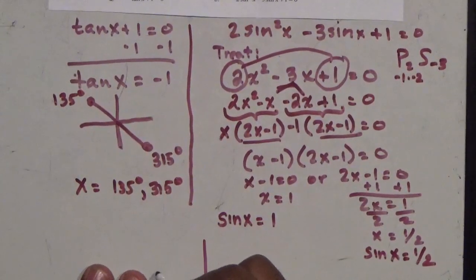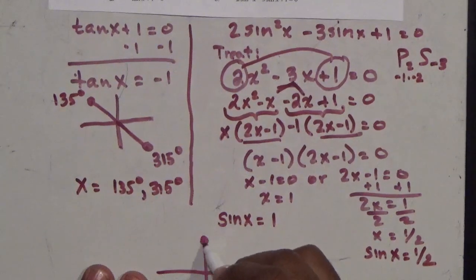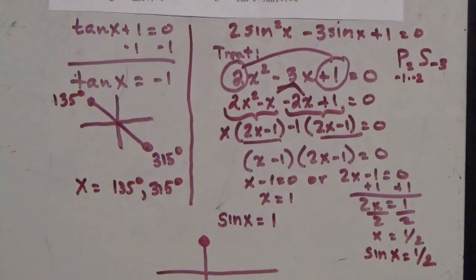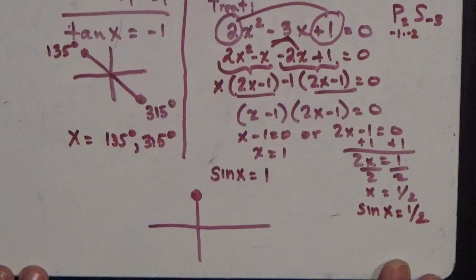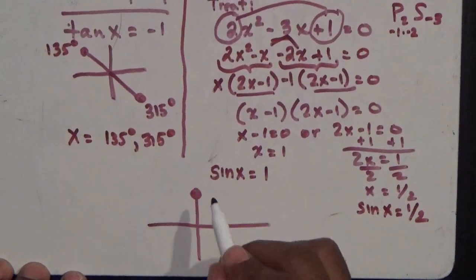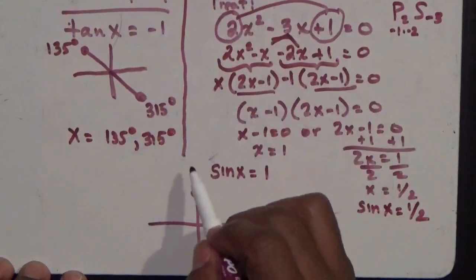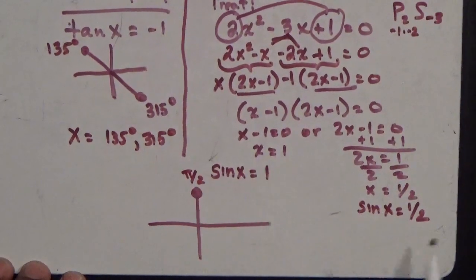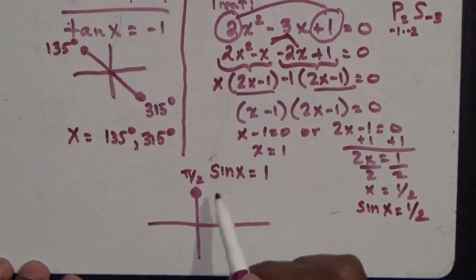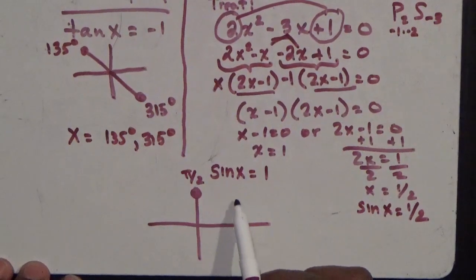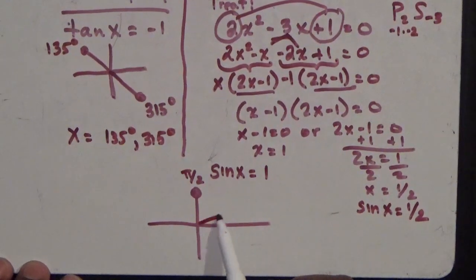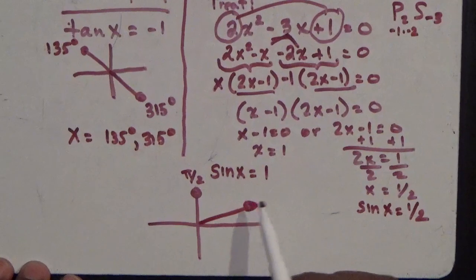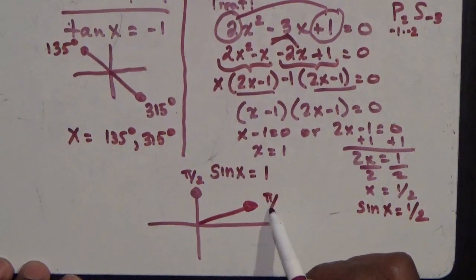Let's see where they are. Look at your unit circle. Sine x equal to 1 is one of your answers, and that's at pi over 2. And then 1/2: look to see where it's 1/2. Sine is 1/2 at pi over 6.